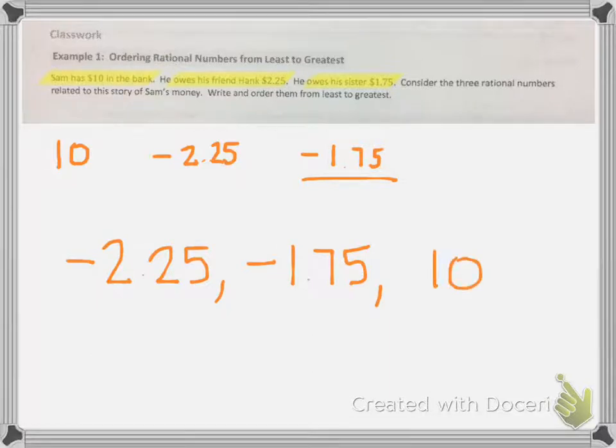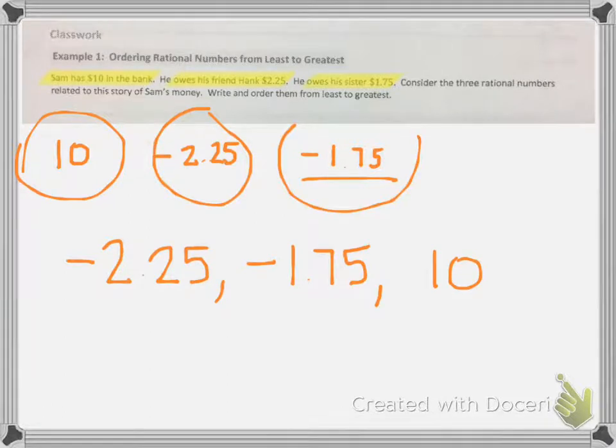So we've taken the story and we've assigned some rational numbers, positives and negatives, and then we've decided which one is the smallest all the way up to the greatest, ordered them. Notice we have an integer here, this positive 10, and then we have some rational numbers in these two negative amounts from how much he owes his friend and his sister.